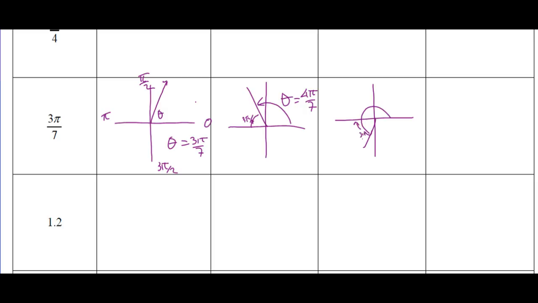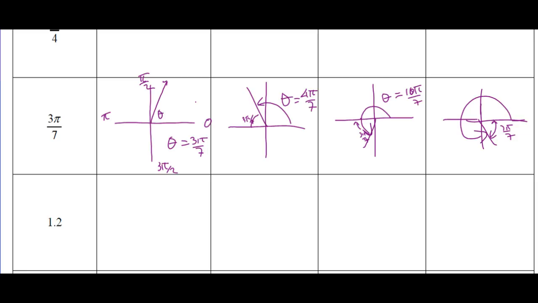Now here, this is again 3 pi over 7. How many 7ths is that? That's 7 7ths, so the rotation angle is 10 pi over 7, right? So we've gone 7 7ths, and then we have to go another 3. And then here, this is 3 pi over 7.